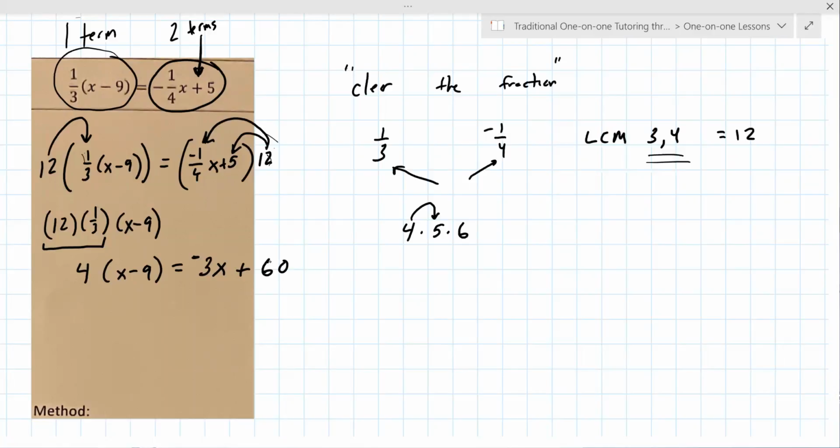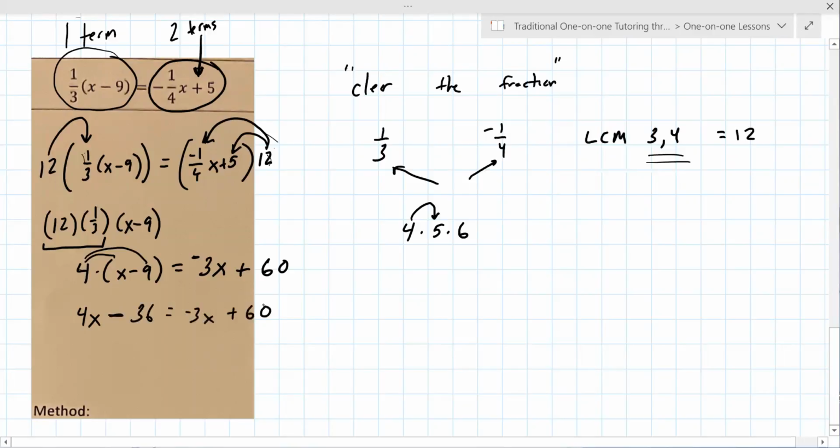All right, got it down. Okay, so then the next thing is, because this 4 is on the outside of the parentheses, you distribute it to both terms. So 4 times x is 4x. What is 4 times 9? 36.